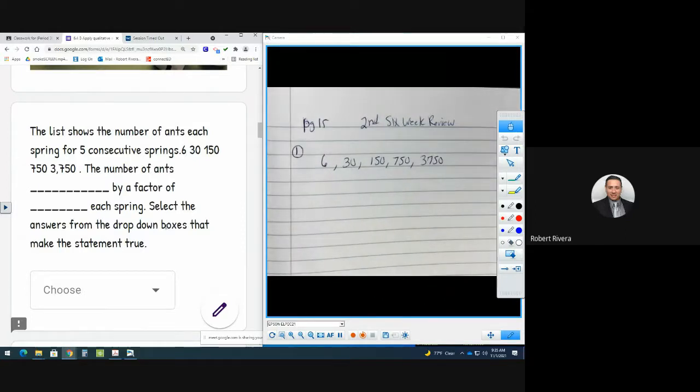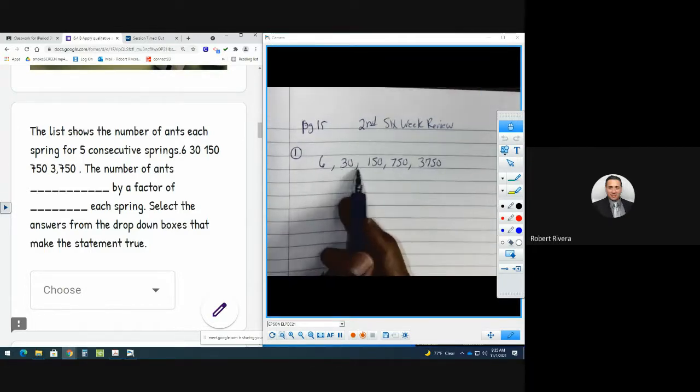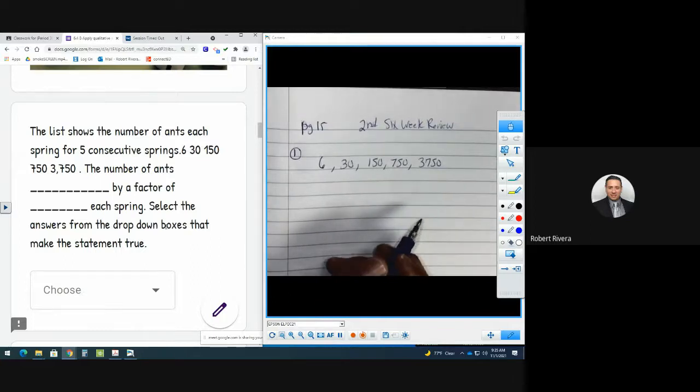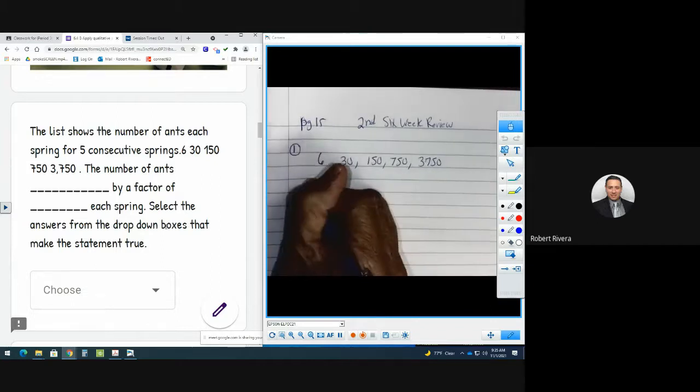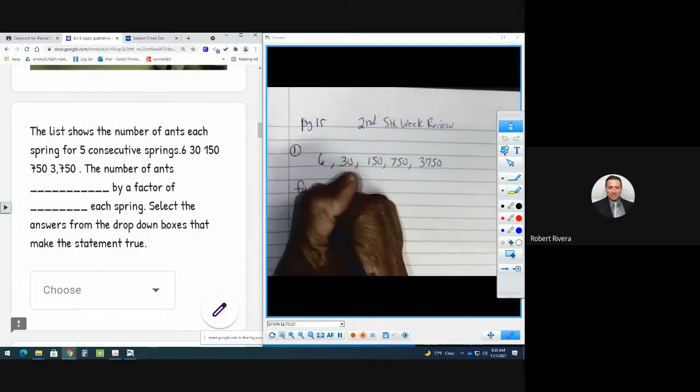So the first spring there was only 6 little ants, then it went to 30, then to 150. So obviously I can see that this is increasing, right? But if I read this, it says the number of ants blank by a factor of. So I notice that there's this word factor.